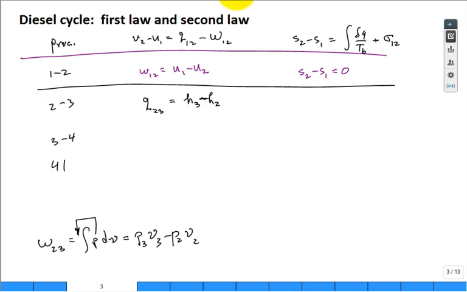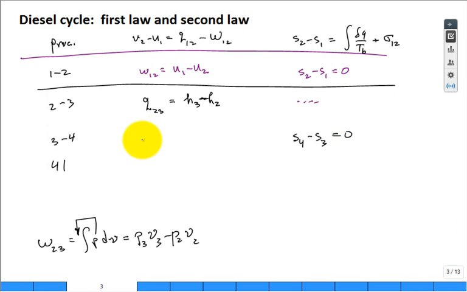You can do the second law, but it really just says that there's entropy increase because of entropy transfer in with the heat. All right, let's go to 3 to 4. You do the same thing. S4 minus S3 is equal to 0. It's isentropic.